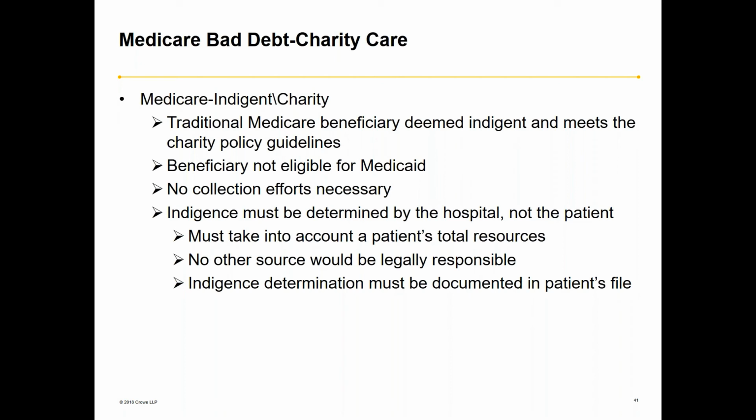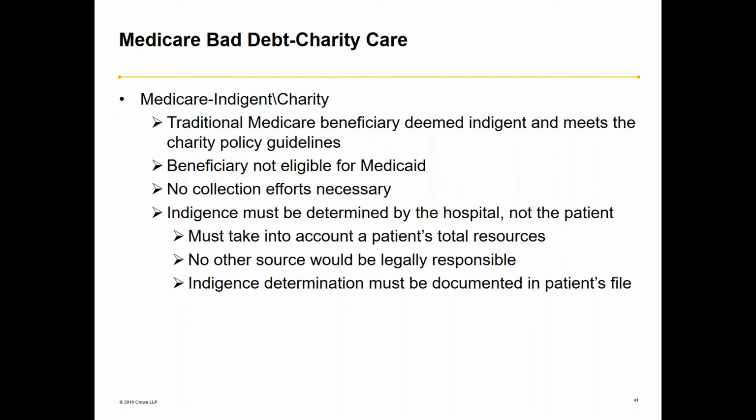They are not eligible for Medicaid. And as long as you can prove that they've met your policy, you can claim them as a charity care bad debt. No additional collection efforts, again, are necessary here.